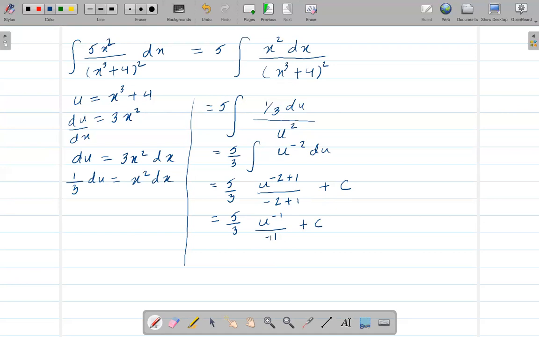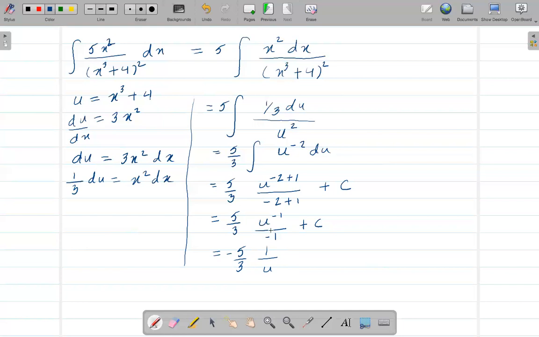So I can bring this negative here, so it will be -5 over 3. And again, I can move this back to the denominator. So this will be positive, u to the power +1, right? Clear? So I'm bringing this negative here, and I'm moving this u to the denominator.